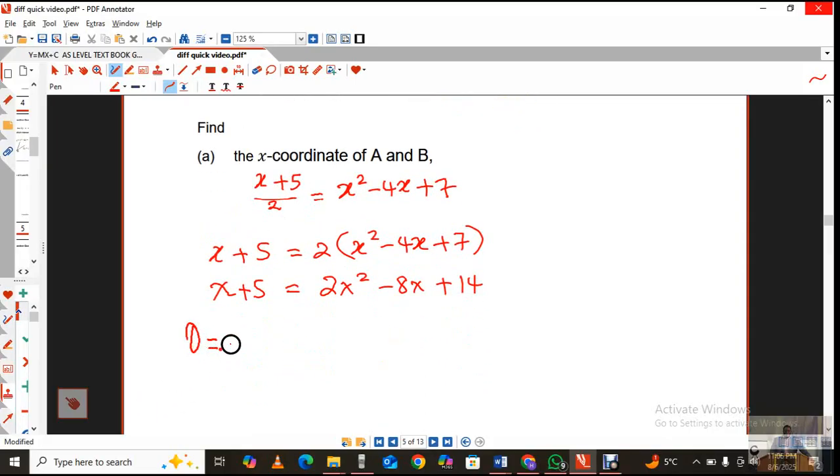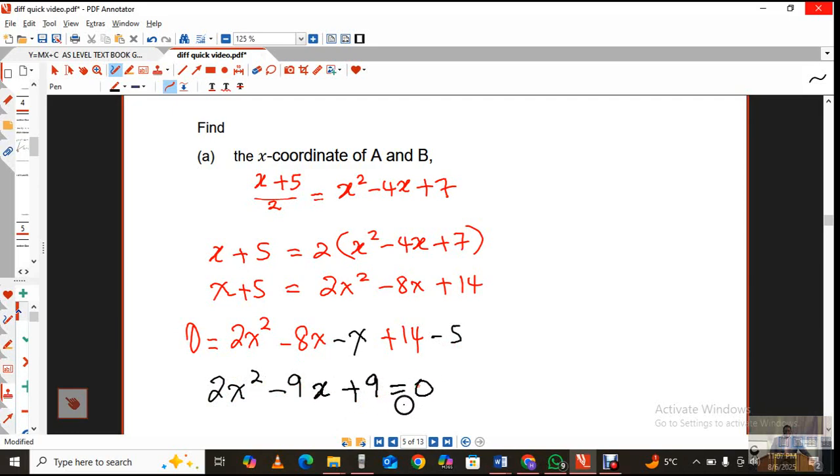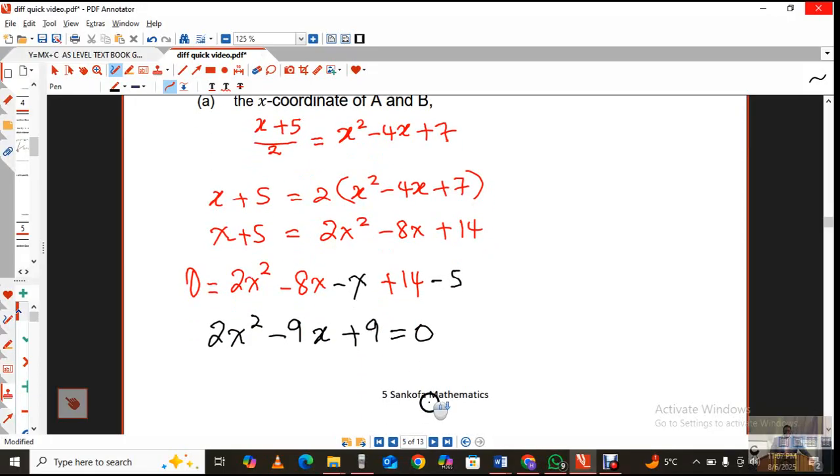So you have 0 is equal to 2x squared, minus 8x, minus another x, plus 14, and then minus 5. Eventually you will have 2x squared minus 9x plus 9 is equal to 0. So this is a quadratic equation that you can solve.